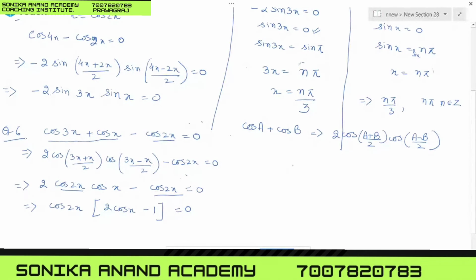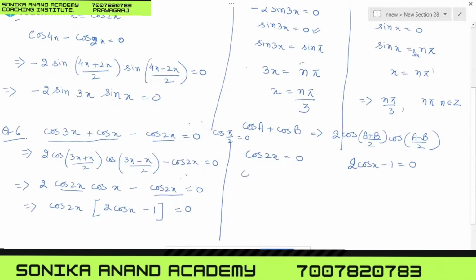Now we can write in two ways. Cos 2x is equal to 0, or 2 cos x minus 1 is equal to 0. So when we have the value of cos theta 0, cos 90 is 0.